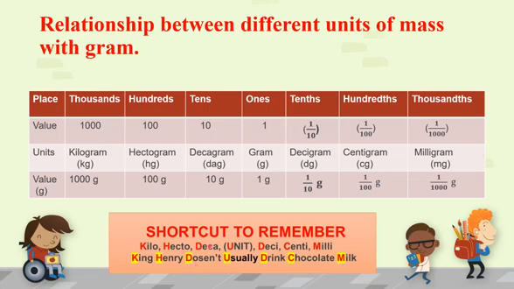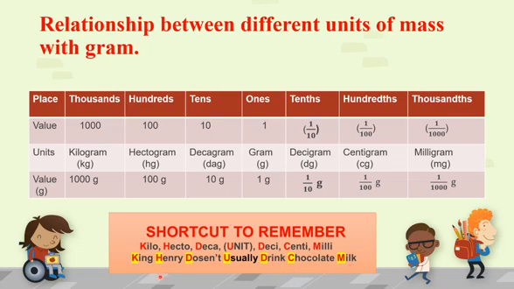Doesn't is D, deca; usually is the unit, whichever topic you're dealing with. Since you're dealing with mass now, it will be gram. If you're dealing with length, then it will be meter. Drink is D, deci; chocolate is C, centi; milk is M, milli.